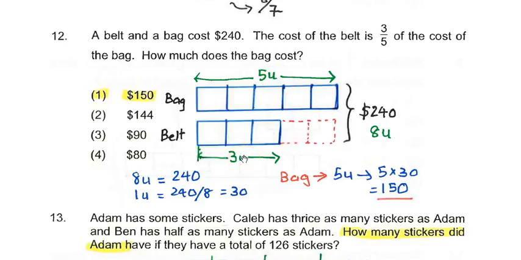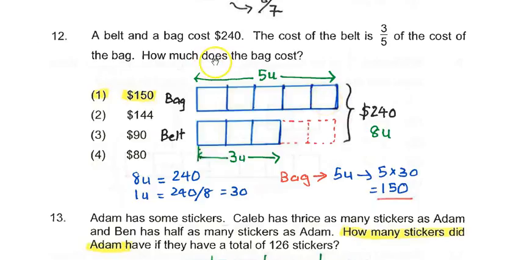Very importantly, always find 1 unit, and every unit is the same number. After finding 1 unit, 240 divided by 8 is 30. This means this is 30, 30, 30, all the way, they are all the same.